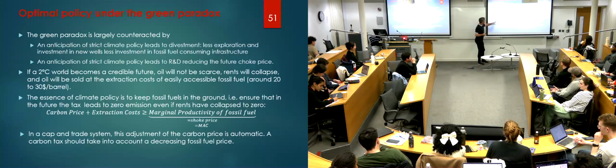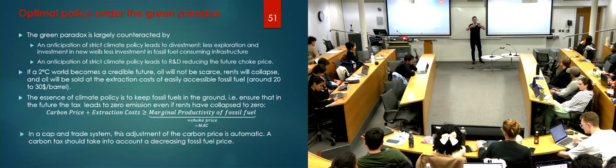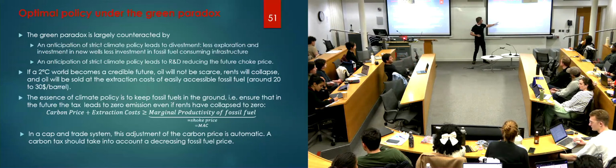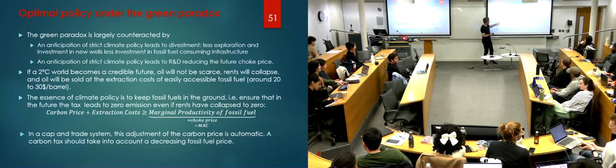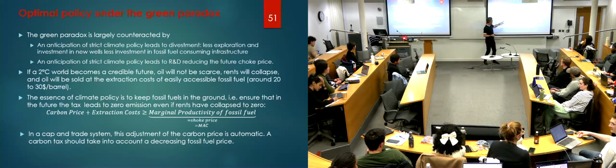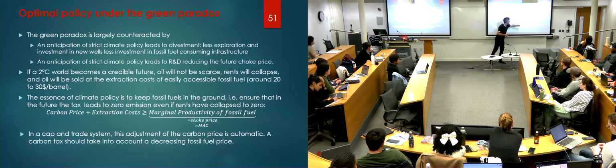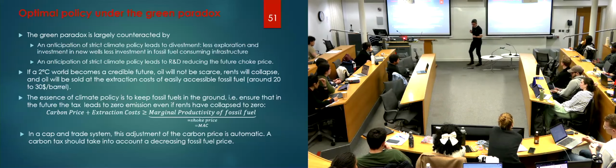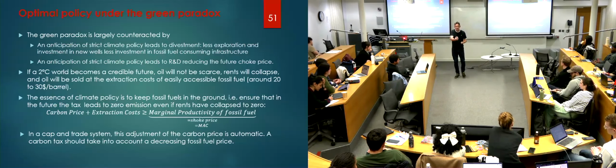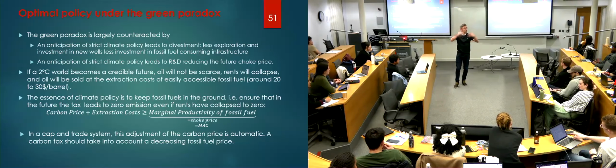Now you have to take into account that if you have this feedback of the oil sector, in your climate policy you have the carbon price and the extraction costs. That should be higher than the marginal productivity of fossil fuel, your marginal abatement cost at 0. So if you expect a feedback from lower oil prices, you just increase the carbon tax.